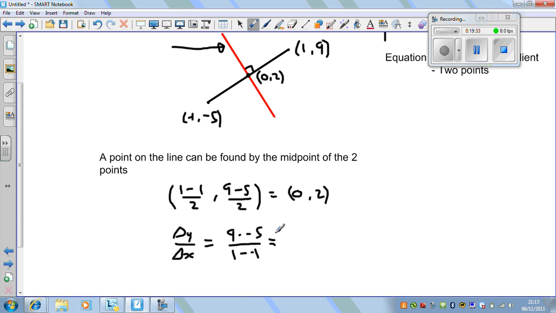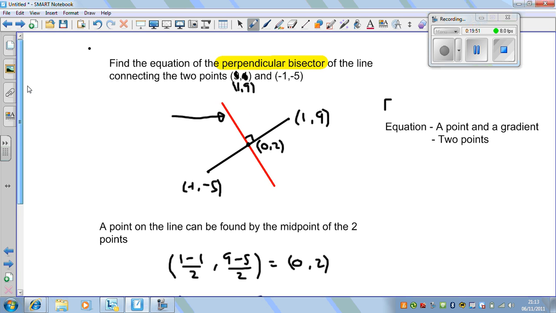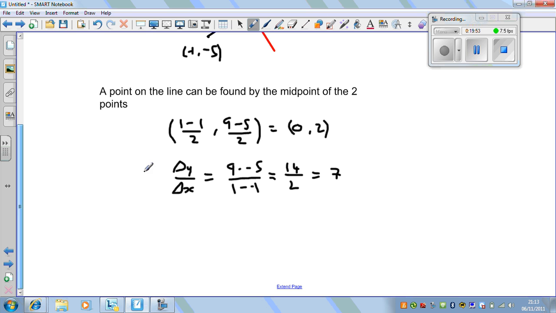Okay, now 9 take away minus 5 is 14, because 9 add 5 is 14. 1 take away minus 1 is 2. 14 over 2, so this will be 7. Gradient is 7.